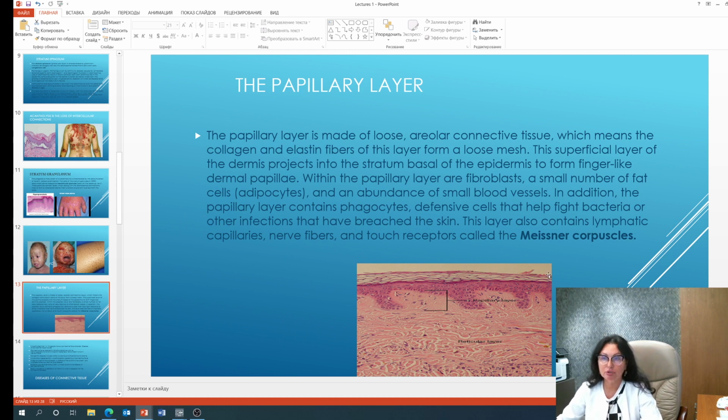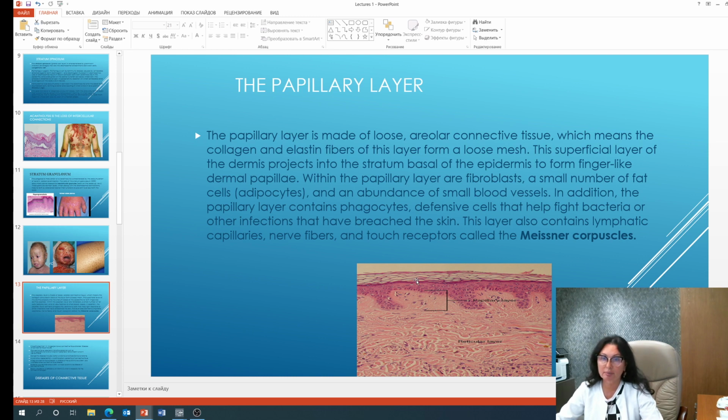The papillary layer is made of loose areolar connective tissue, which means the collagen and elastic fibers form a loose mesh. This superficial layer of the dermis projects into the stratum basale of the epidermis to form finger-like dermal papillae. Within the papillary layer are fibroblasts, a small number of fat cells (adipocytes), and an abundance of small blood vessels.